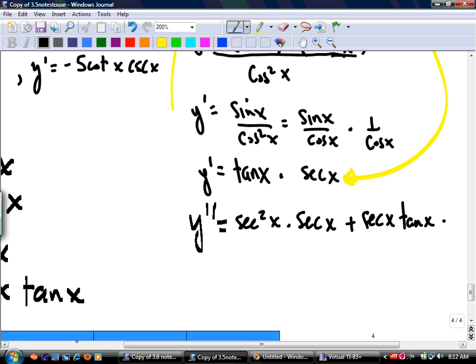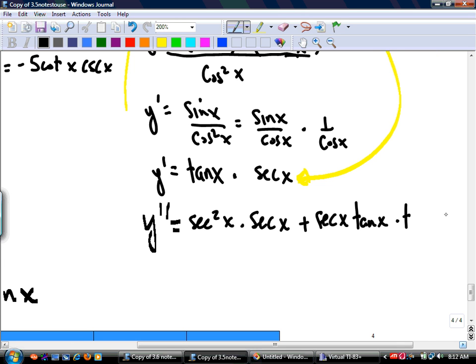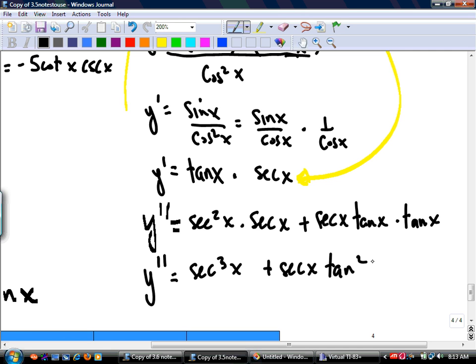What was the first? Tan x. This cleans up pretty: secant cubed x plus secant x tan squared x.